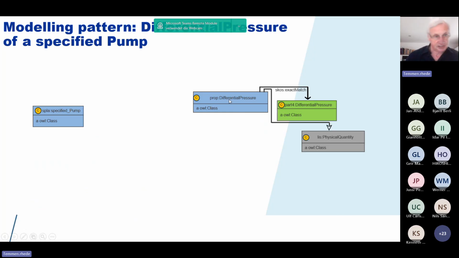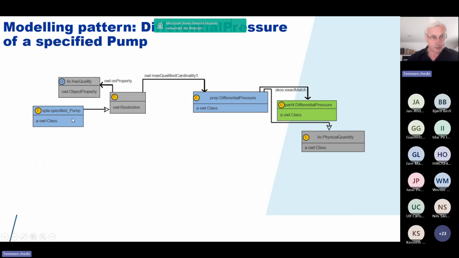Of course, this property could be used for different classes. In that case, it will be used for the specified plant. And we see now we have a restriction definition. And this definition relates this property with max qualified cardinality 1 to the specified pump.